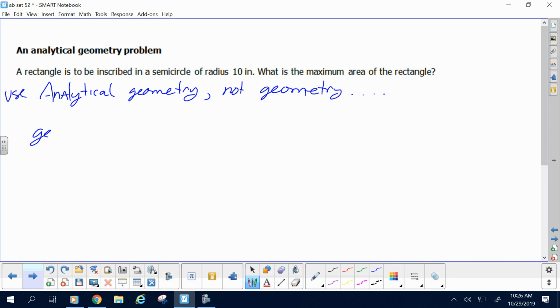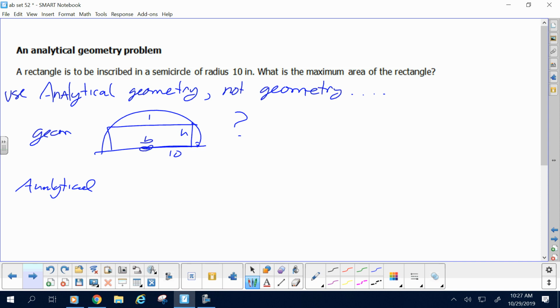Geometry would be if you said, here's a circle, and the radius is 10, and the rectangle is base times height, and all that's great, and that's bad, okay? Instead, analytical geometry is to throw those geometric figures on the coordinate plane so equations can be used.